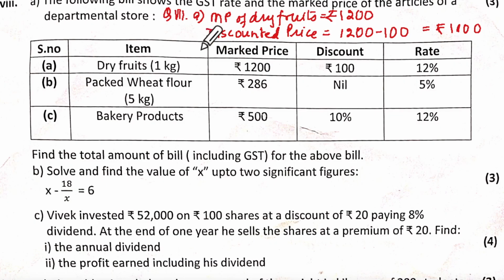Okay, then you have the GST. I'll just write the rates over here because I will not remember. So the wheat flour mark price is 286. No. I think I'll just write B here and then I'll say wheat flour.